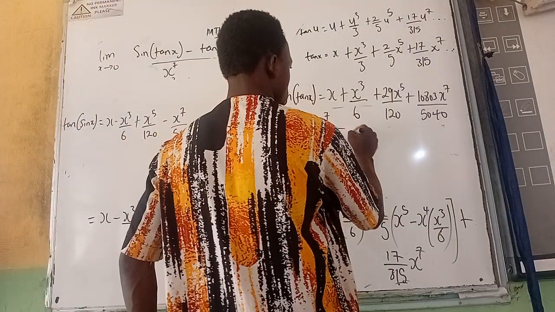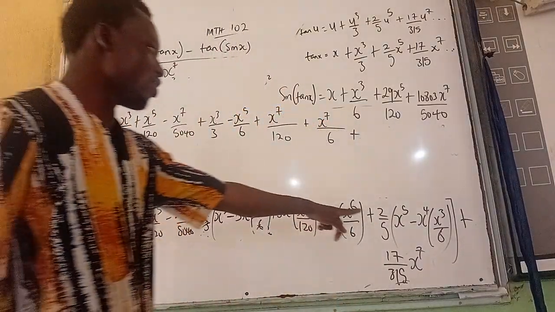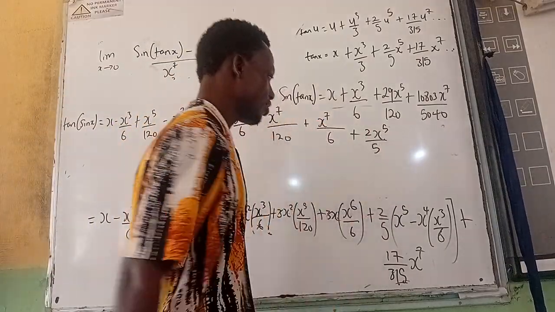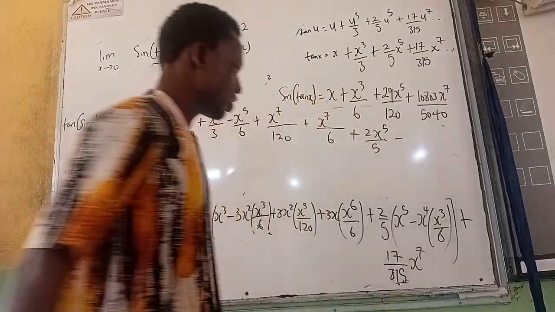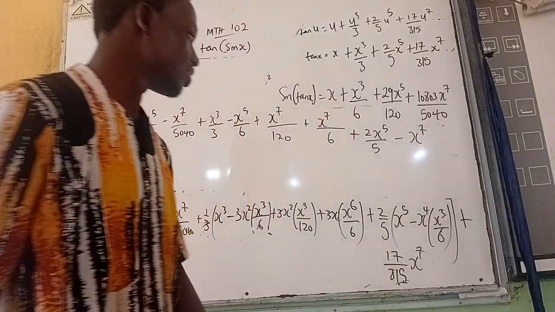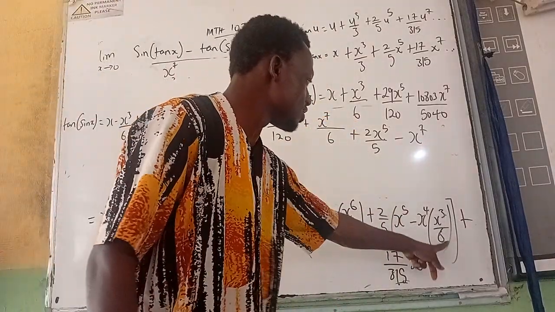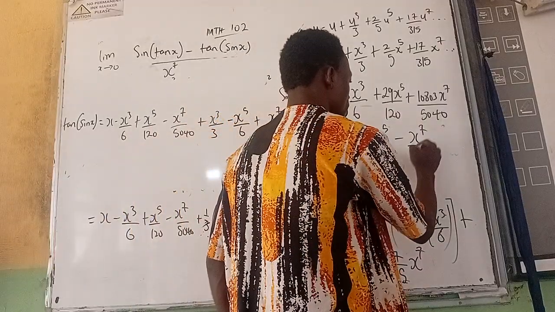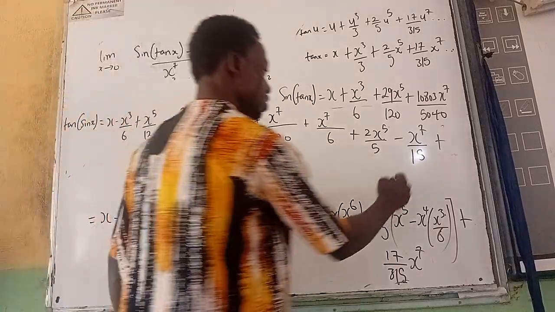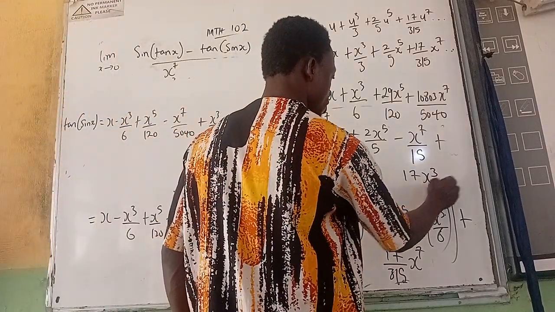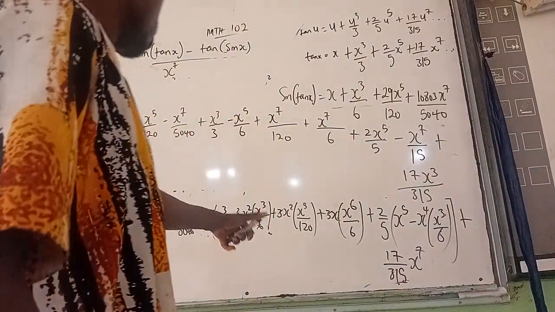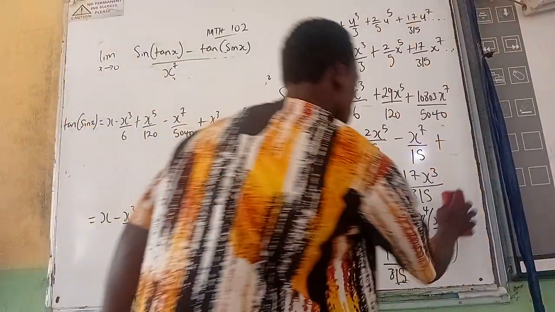Yeah, plus 2 over 5, 2x^5 over 5, minus x^7, x^1 and x^2, that's x^7. 2 here 1, 2 in 6, 3. 5 times 3, 15 over 15, plus the last one, 17x^7 over 315. Are we together? I hope there is no issue here. 3 cancel 3, 3. So now let's clean it.